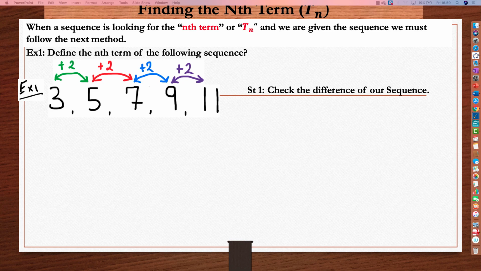So if we take this one here on the board, what's D? What's the difference? D stands for difference. It's 2, isn't it? Because it's going up in 2s. So Tn is equal to 2n plus what's T0? What's the first? What's T0? 1.